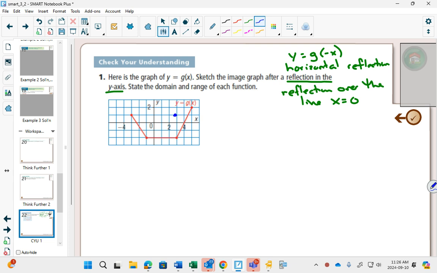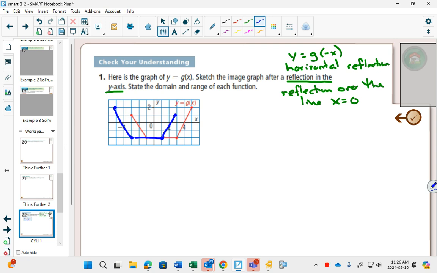This top point is 1, 2, 3, 4, 5 away, so I go 1, 2, 3, 4, 5 away in that direction. This one's 1 away from the y-axis, so flipped over it'll be there. This one's 3 away. There. Play connect the dots. And we've got our graph.